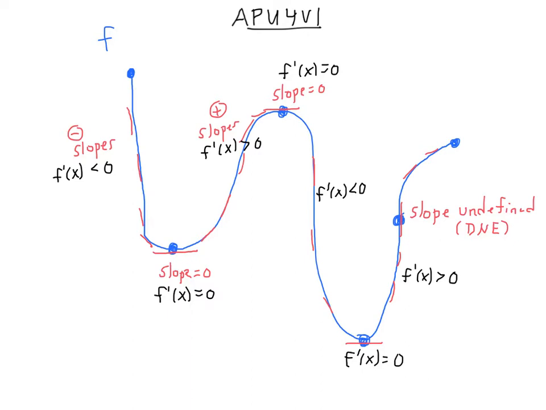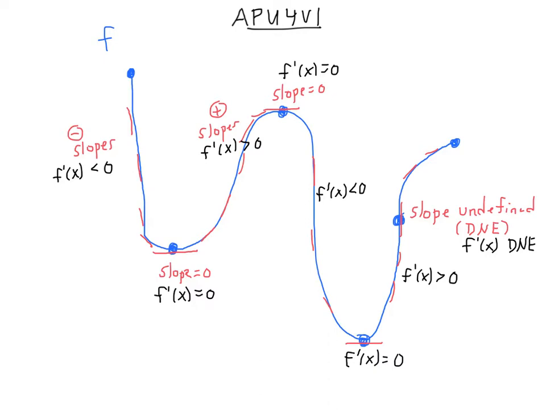At this vertical tangent line, our derivative does not exist. Recall from earlier in the course we talked about situations where a derivative doesn't exist. We said if you have a sharp turn, a corner, or a cusp, or a vertical tangent line, those are some situations where a derivative doesn't exist.